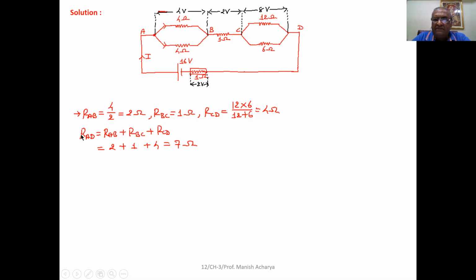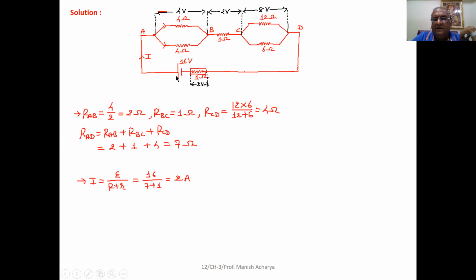So resistance across AD is resistance AB plus resistance BC plus resistance CD, so 2 plus 1 plus 4, that is 7 ohm. So this is the resultant resistance between A and D. Clear to all of you up to this one?